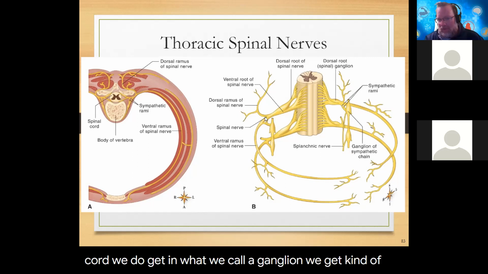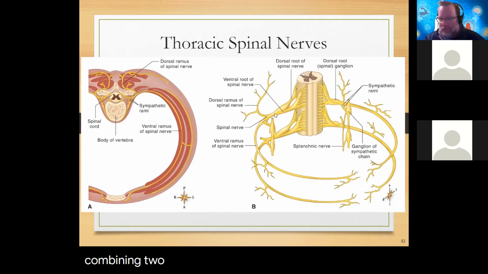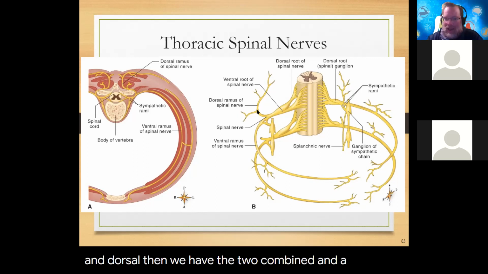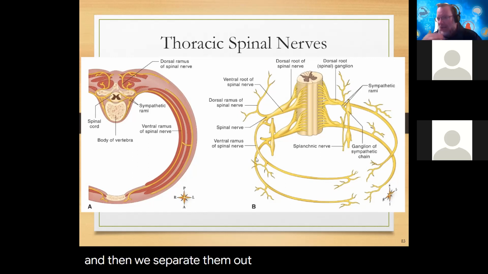We get the combining together. So we have the root connected, ventral and dorsal. Then we have the two combined in a ganglion, and then we separate them out again when we get a little bit further from the spinal cord.